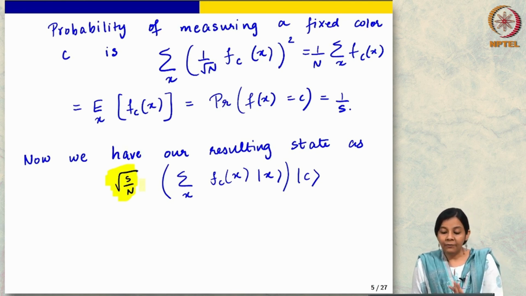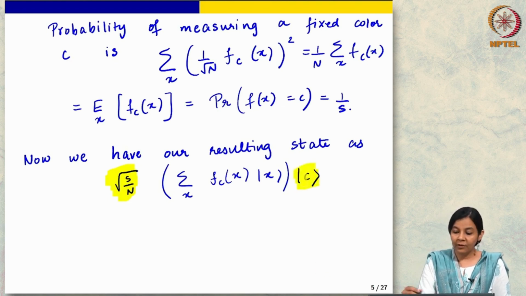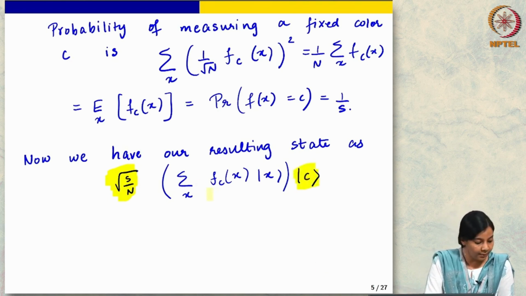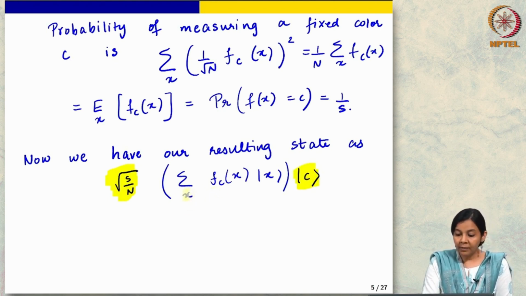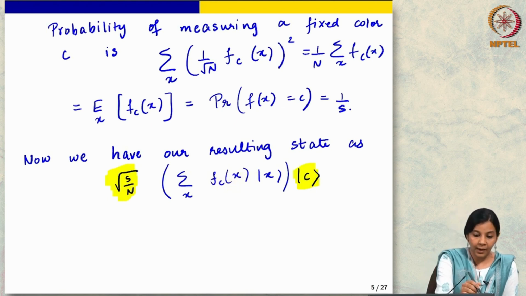Basically, we have measured our second register, and we are talking about what happens to the first register. The second register is now collapsing to C, and you are getting a summation over x. The reason I am not restricting the x in the summation to a particular class is because I have this indicator ahead of it, so it will work out correctly.